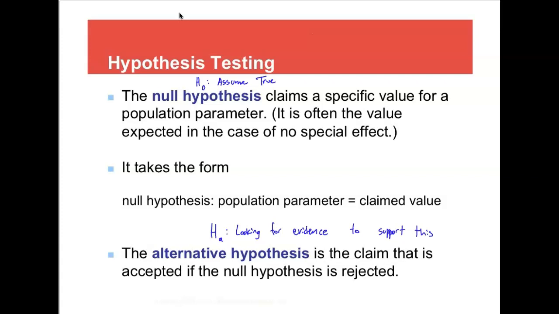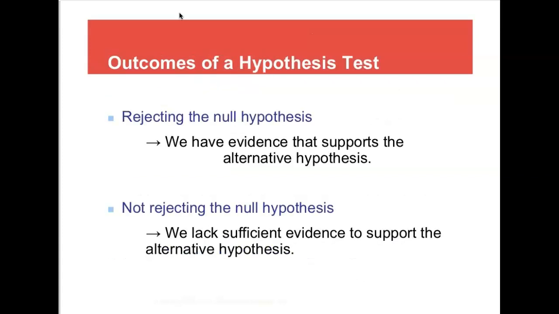Does that make sense? So here we're either going to reject the null hypothesis because we have enough evidence for the alternative, or we're going to fail to reject the null hypothesis. Rejecting the null hypothesis means we have evidence that supports the alternative, and failing to reject the null hypothesis means we lack sufficient evidence to support the alternative.